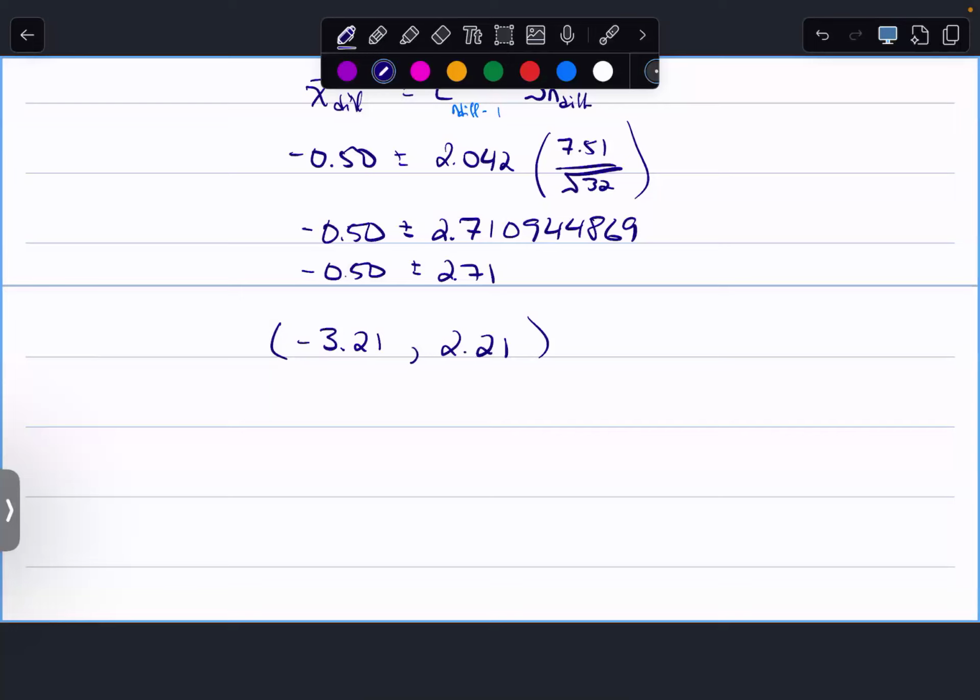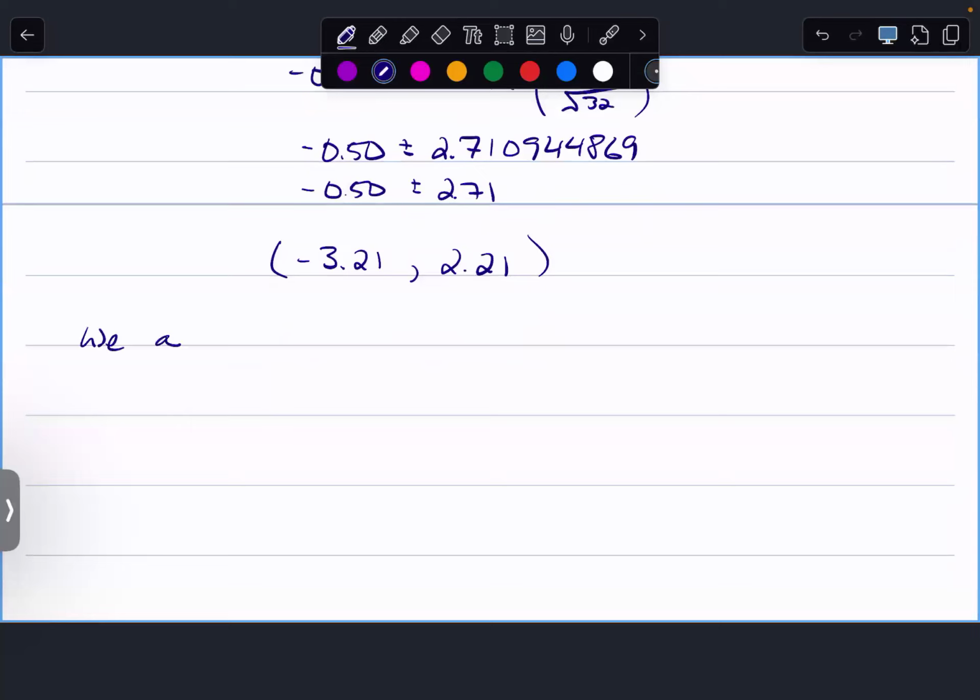How do we use this? Well, first, let's interpret the confidence interval. That's always part of making a confidence interval. And so now, what do we need to be really careful about? This is for the mean of the differences.